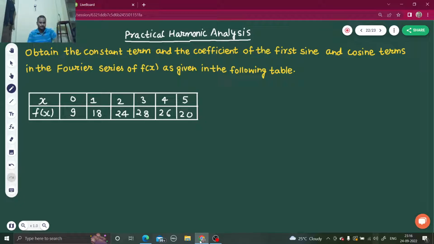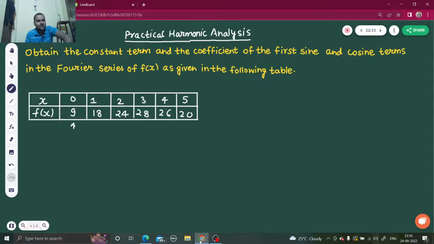Let's see how. First of all, in this question, angles are not given. So see 0, 1, 2, 3, 4, 5, and after 5, the sixth one will again come 9. This 9, as you can see, will repeat from the sixth one.